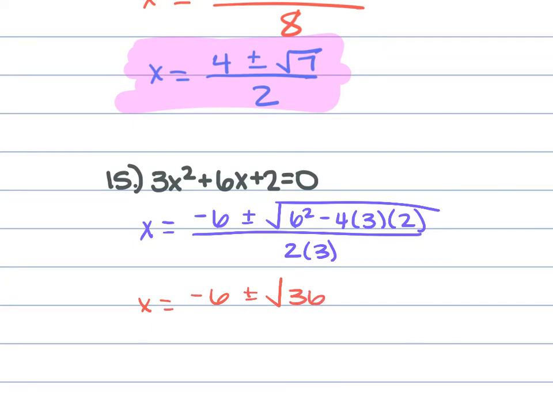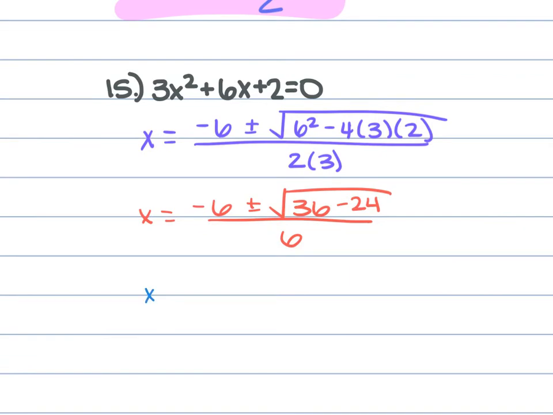The 4 times 3 is 12 times 2 is 24 all over 6. So from here, we're going to have x is equal to negative 6 plus or minus the square root. The 36 minus 24 is 8. No, sorry, is 12 all over 6.